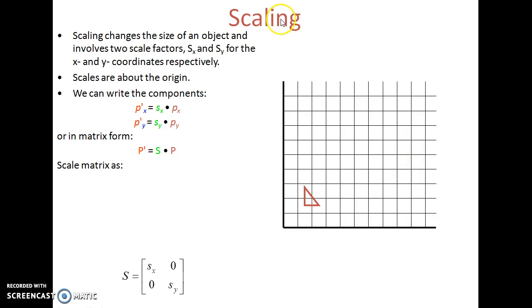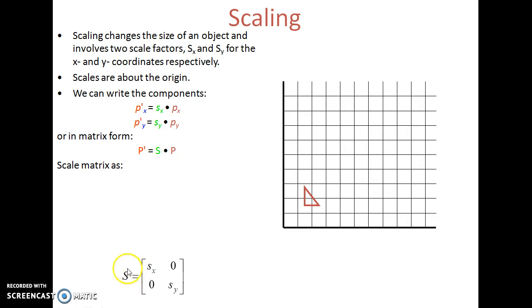Now scaling changes the size of an object and involves two scale factors, Sx and Sy, for the x and y coordinates respectively. Now P dash x is equal to Sx times Px and P dash y is equal to Sy times Py, or in matrix form P dash is equal to S times P. What is S?